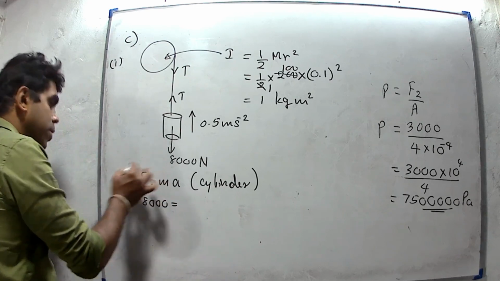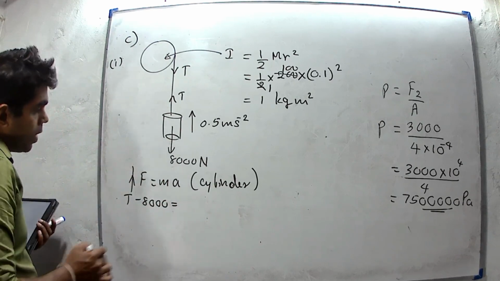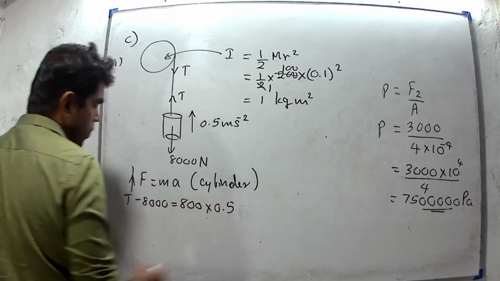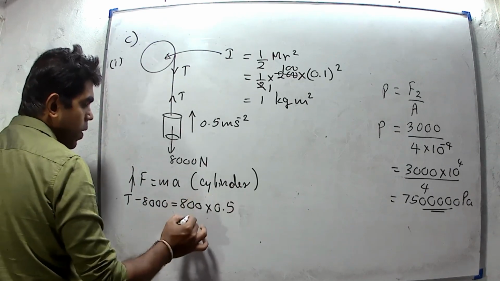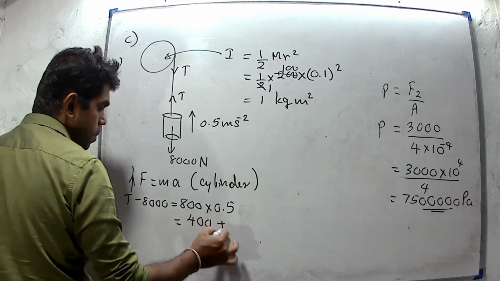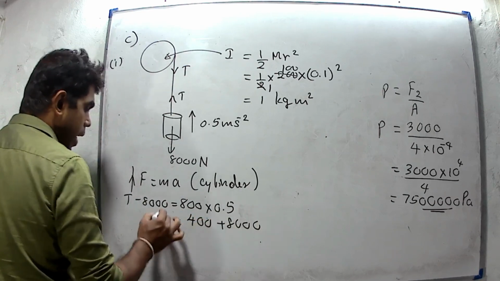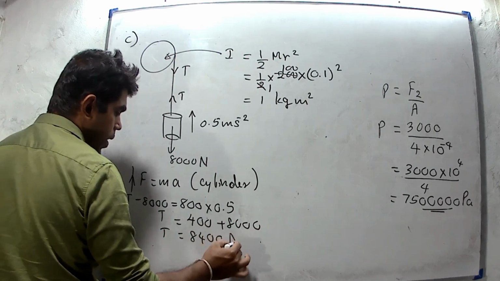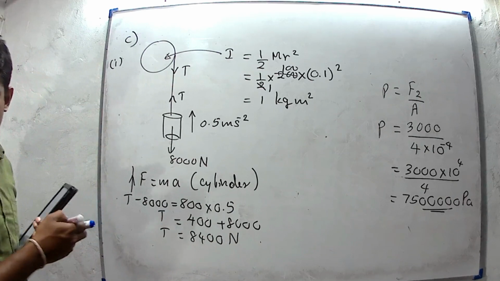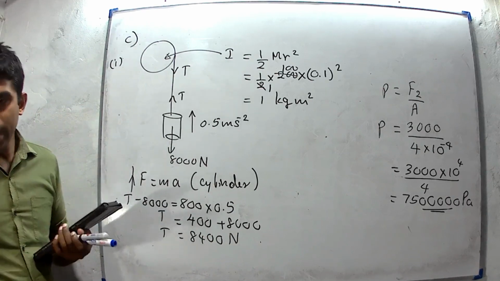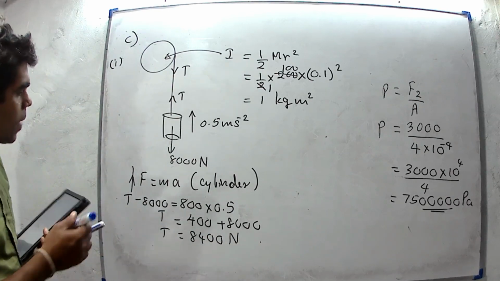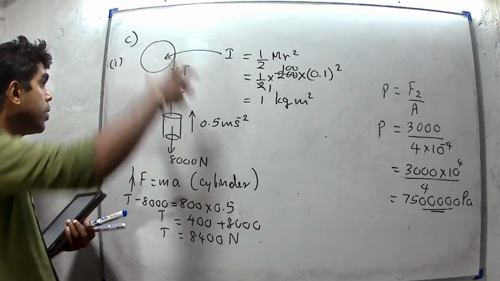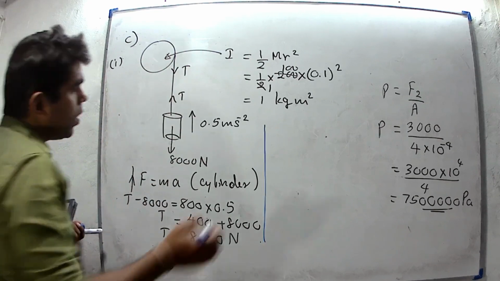We substitute the resultant force as F. Mass is 800, acceleration 0.5. 800 into 0.5 is 400, plus 8000. Tension is 8400 Newtons. Then we can apply tau equals I alpha to the pulley.